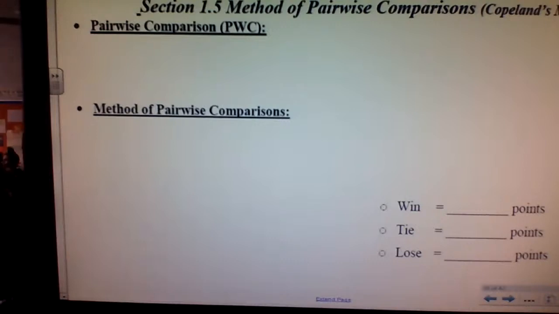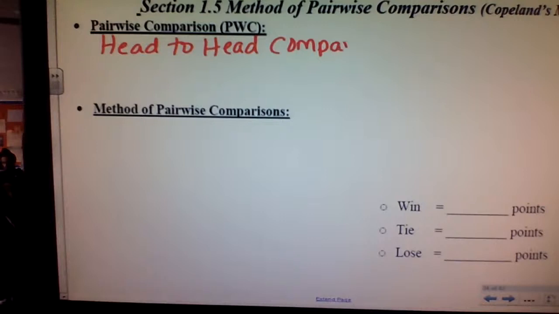So twos. A pairwise comparison is a head-to-head competition or comparison between two candidates.